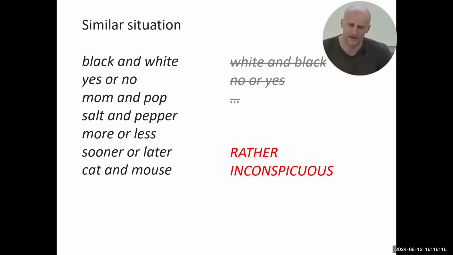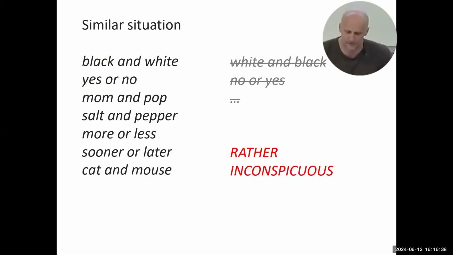Now, if you look at the frequencies of these irreversible binomial forms, especially the predominant form, they tend to range between 90 and 100% versus the less frequent forms.